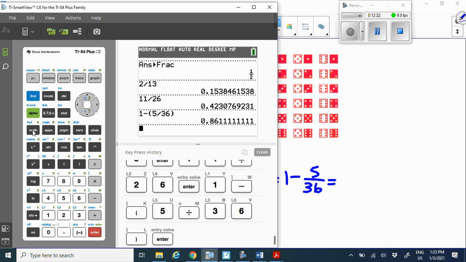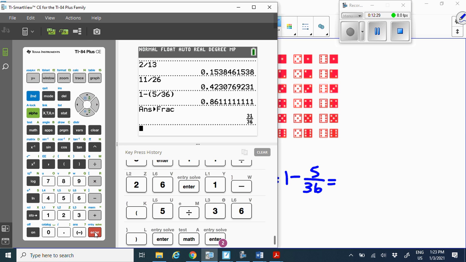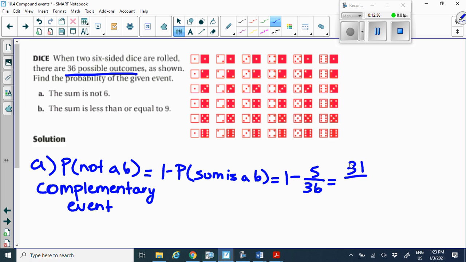And then if you'd rather write it as a simplified fraction, remember we can go back to math and change it. So we have either 31 over 36, or, choosing 4 decimal places, 0.8611.